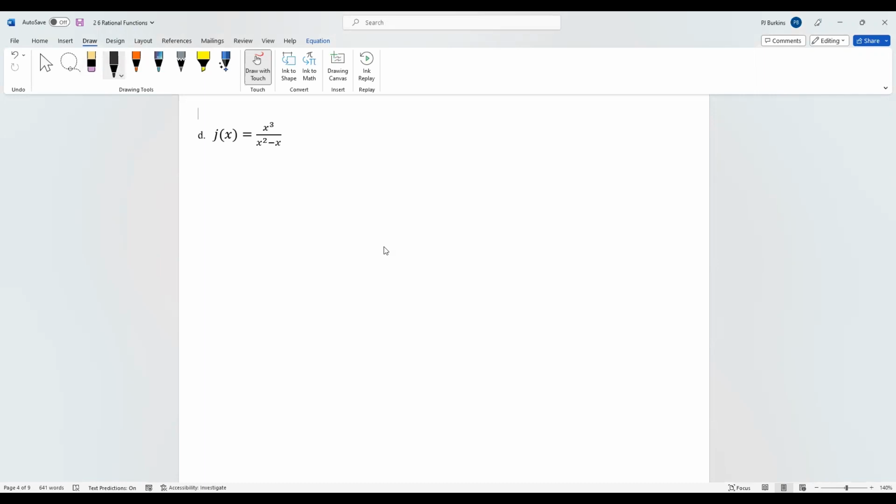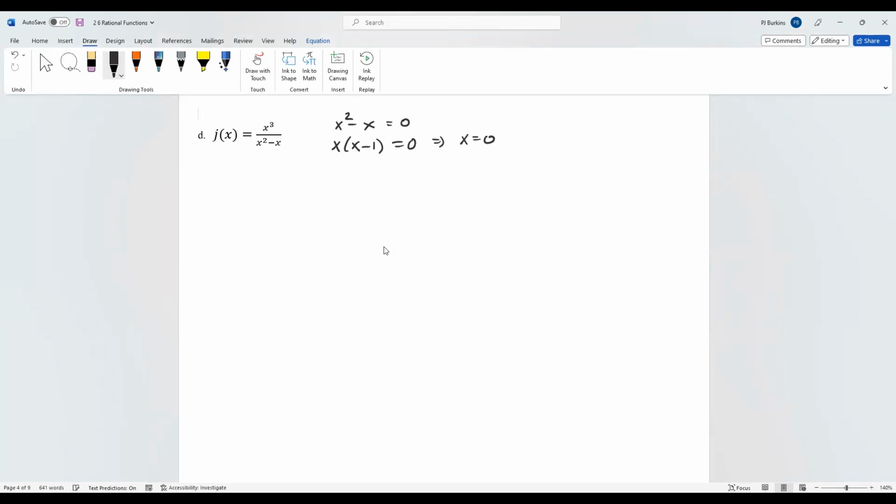So last example here, first we need to know what is the domain. So again, the numerator doesn't care. We need to factor x squared minus x and then set it to 0. So these both have an x in common. Take that out. We get x times x minus 1. The two factors then could separately equal 0.